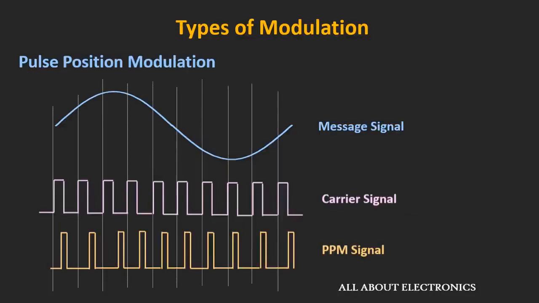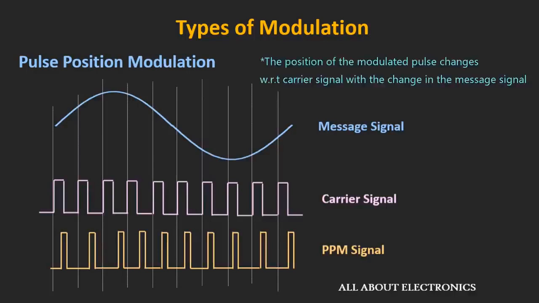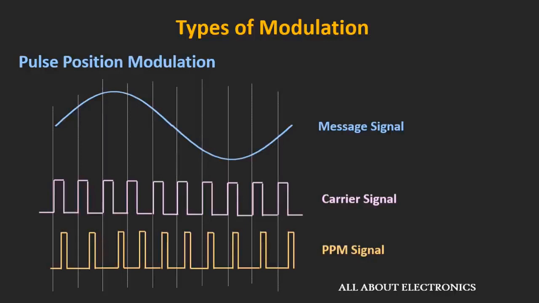Similarly, in pulse position modulation, the width and the amplitude of the pulse will remain fixed, but the position of the modulated signal will change according to the input signal. At each rising edge, the message signal is sampled, and based on the amplitude of this input signal, the position of the modulated signal will change.